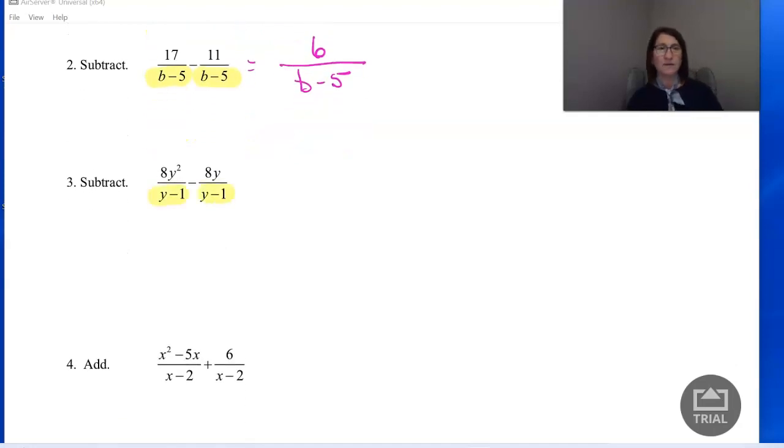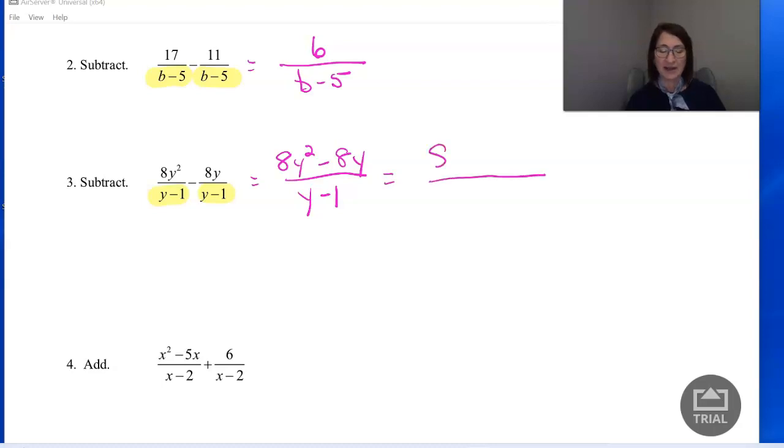Let's go ahead and look at this third example. Again, the denominators are the same, so we bring them over. Then I'm going to take 8y squared minus 8y. Okay, so I can have a little fun with this one. I'm going to take my numerator, and I've got a greatest common factor of 8y.